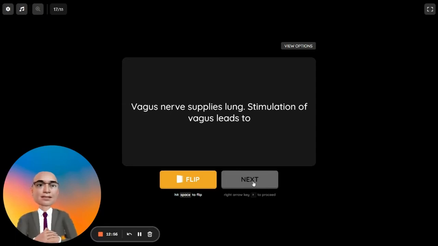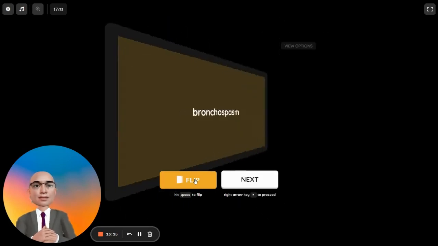The cranial nerve, vagus nerve, is one of the parasympathetic nerves, and it supplies the smooth muscle of the bronchus, and it will cause bronchospasm.